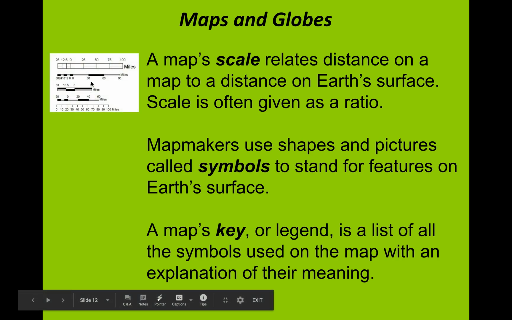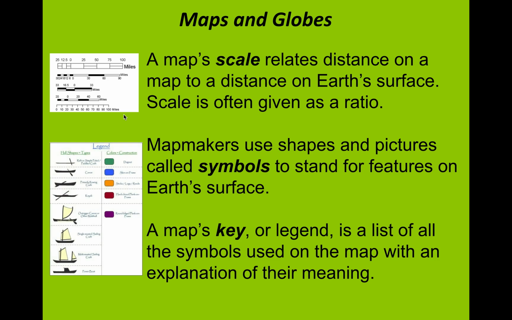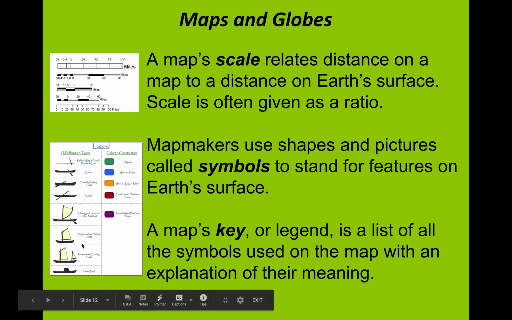So here you can see these symbols mean miles. So we've got lines that are white, colored lines, and then these are the most common. And then here we have a legend, which is going to show colors that mean different things. We have boats that mean different things.